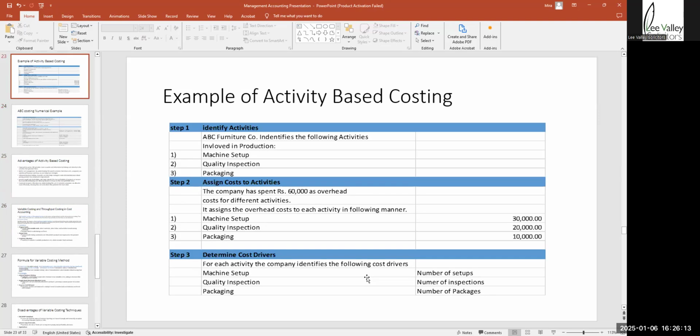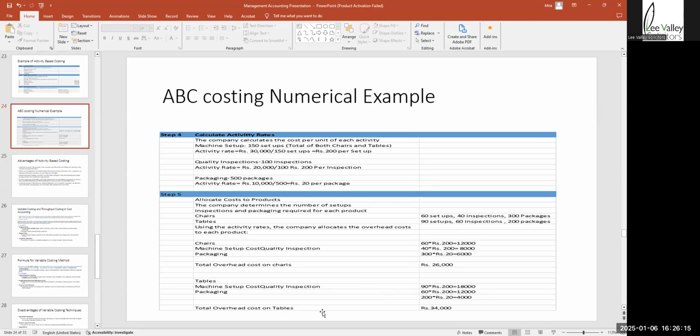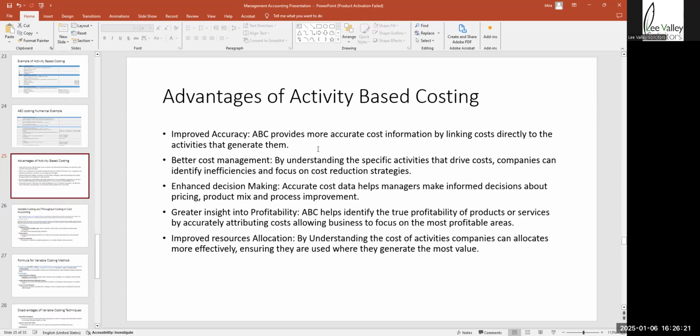So the total overhead cost in the table will be 34,000. Now the advantages of activity-based costing: improved accuracy. And the next advantages are better cost management, enhanced decision making, greater insight into profitability, and improved resource allocation.